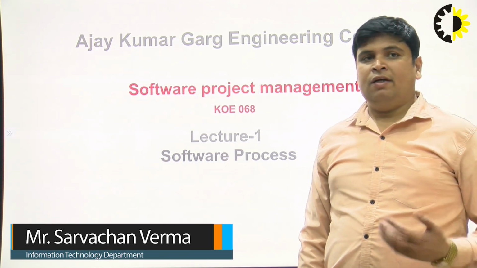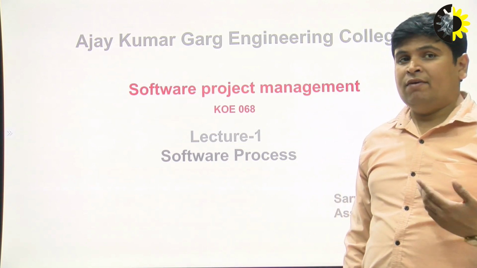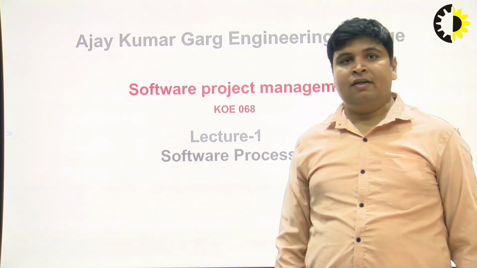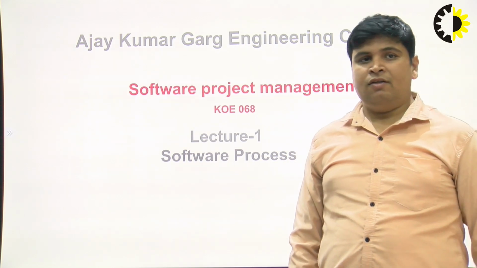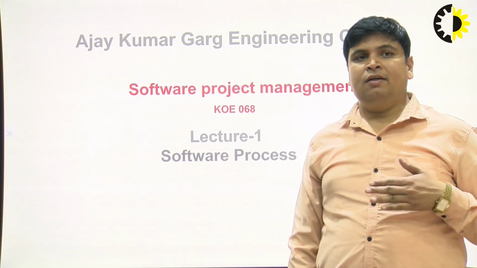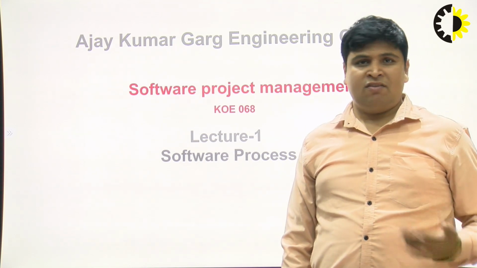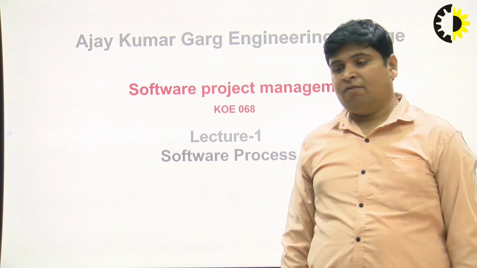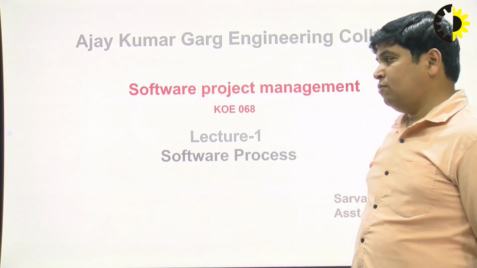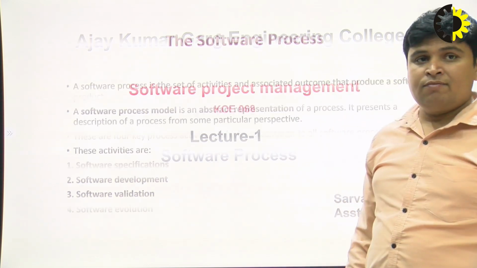So whenever we are developing a software product or software project, that project will come through some process, whatever the different processes are there while developing a software project. So today we will discuss this in this lecture.